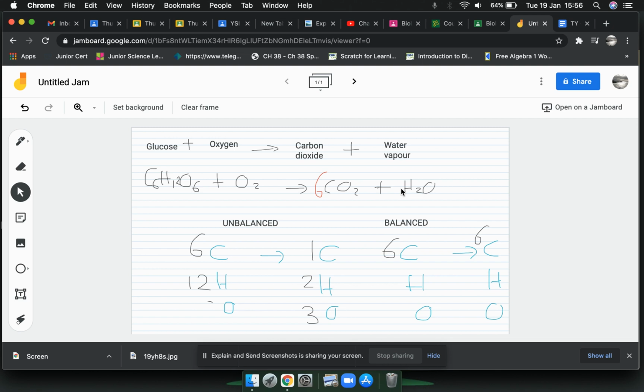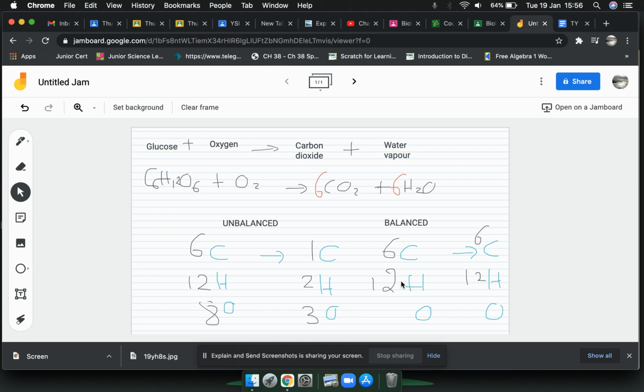In other words, what we would have here would be 6 times 2, which would be 12. So in front of this hydrogen I've got 12 hydrogens. So now I've got 6 times 2, which is 12, and I have 12 over here as well.